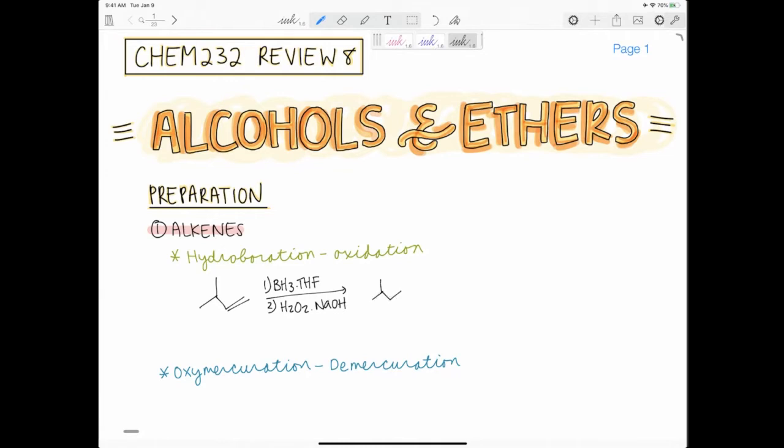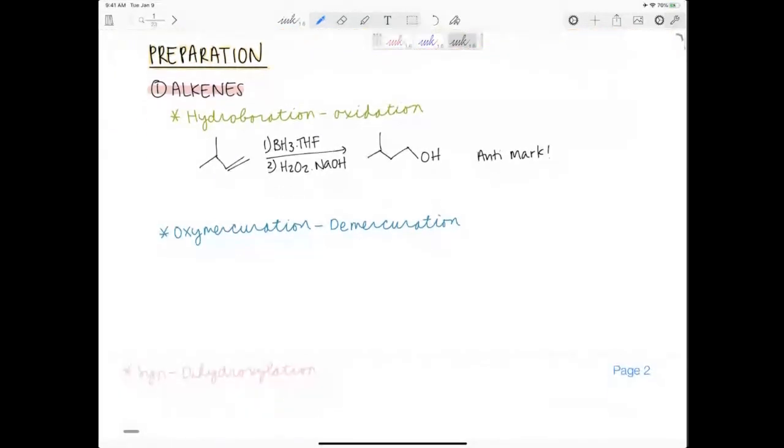What I get is an anti-Markovnikov alcohol. Very good. What about other reagents that you guys know as well?